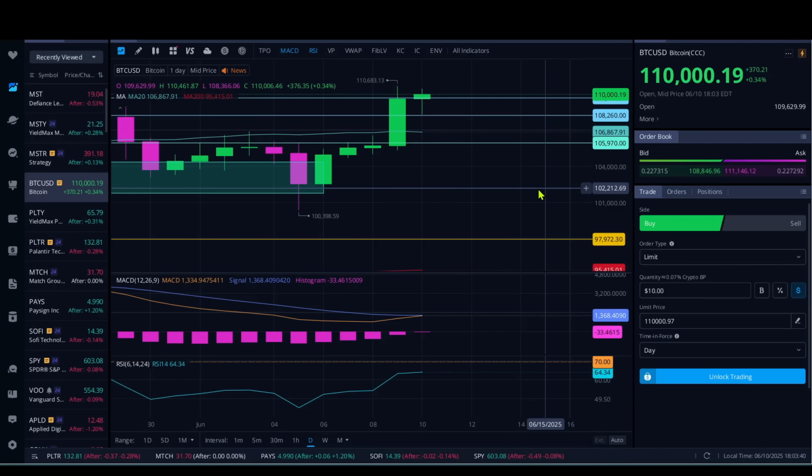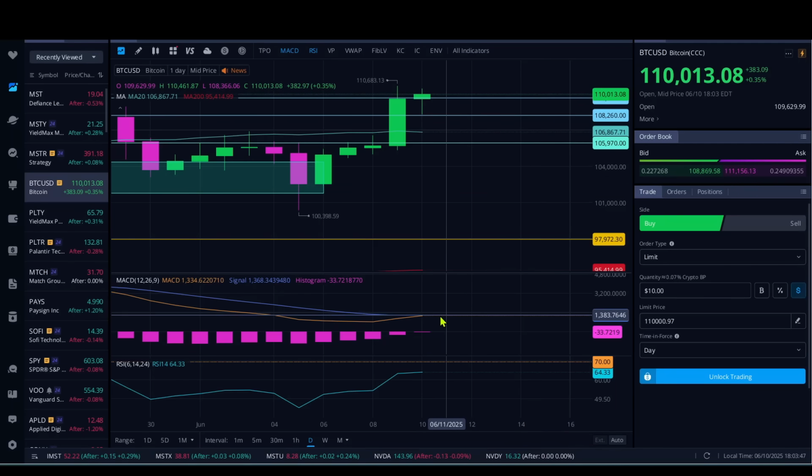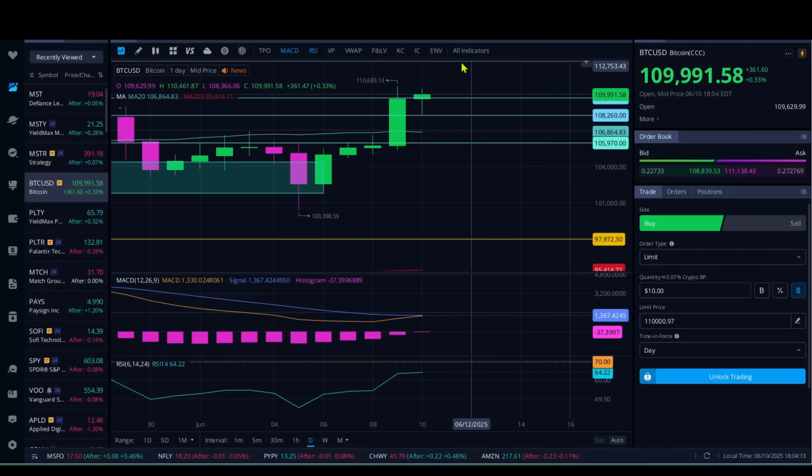And another exciting moment right here is, look at the MACD. We are just about to cross. I mean, seems to be on both MSTY and Bitcoin and Mr. We are just inches away from crossing over that signal line. So I'm hoping that we can get across that and start getting some positive movement up and start confirming this move up.